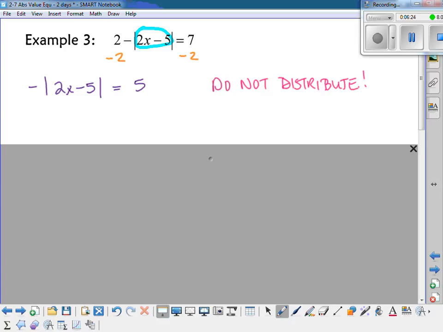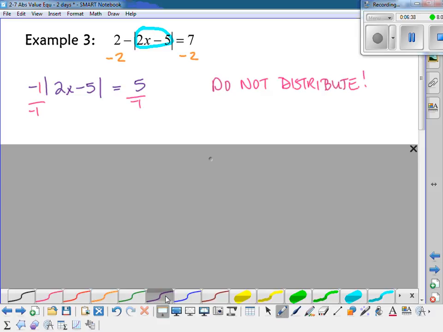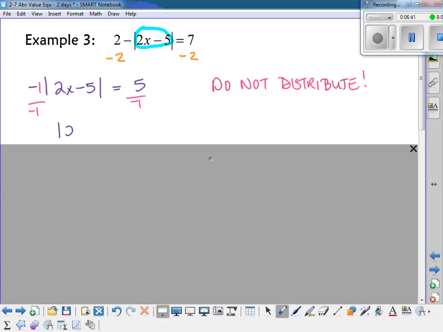So how can I get rid of that negative sign? Instead of distributing, I divide. So I divide both sides. Remember, we assume that that's a 1 there. So I divide by negative 1, and now I have the absolute value of 2x minus 5 is equal to negative 5.